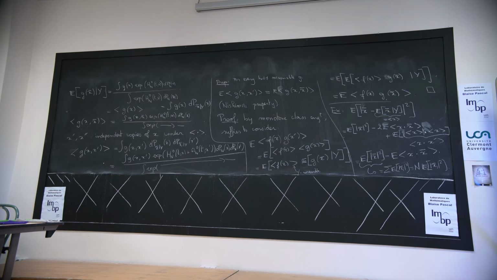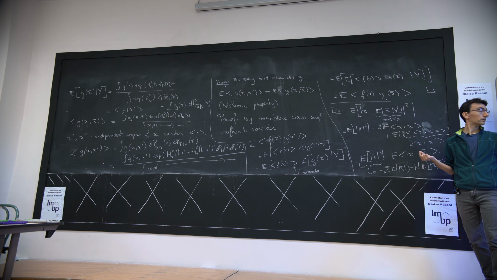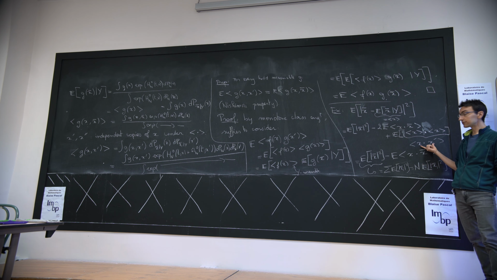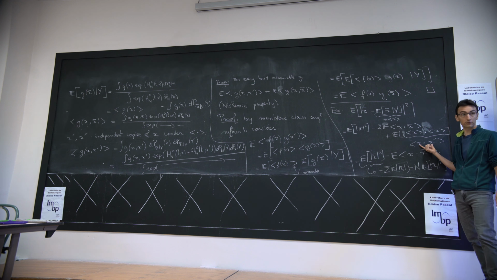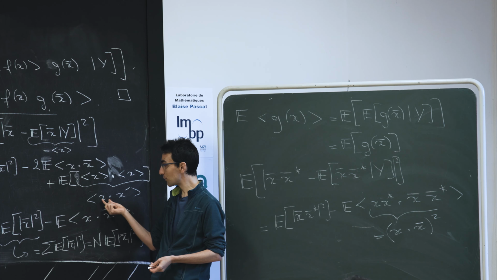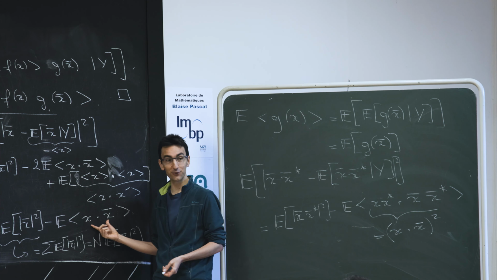So this you can call the overlap between our Gibbs sample and the signal. Depending on one's point of view, one can think this looks simpler or this looks simpler. For instance, if you're doing your calculations and you're scared that there will be too many of these Gibbs copies you don't understand very well, maybe you prefer to write this.